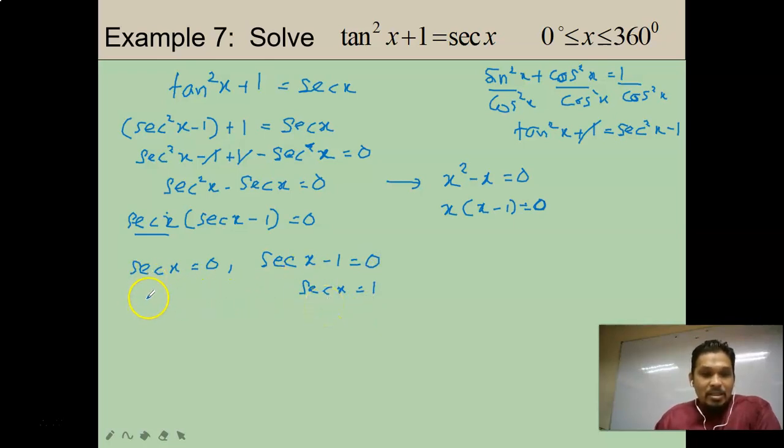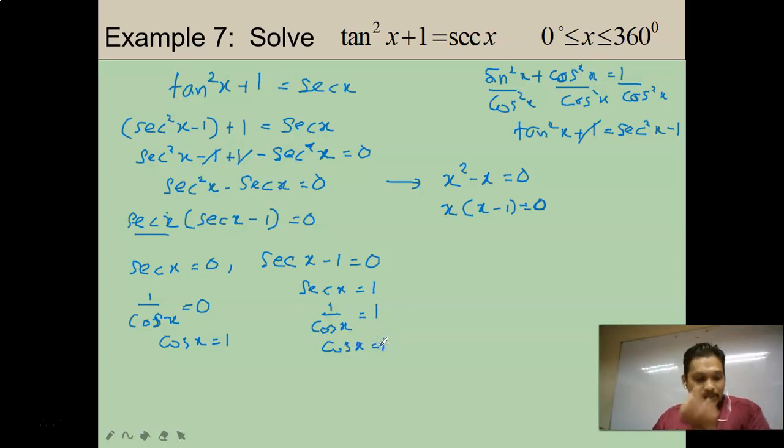So 1 over cos x equal to 0, or cos x equal to 0, and 1 over cos x equal to 1, so cos x equal to 1. For cos x equal to 0, 1 over cos is undefined, and for the other, cos x equal to 1.